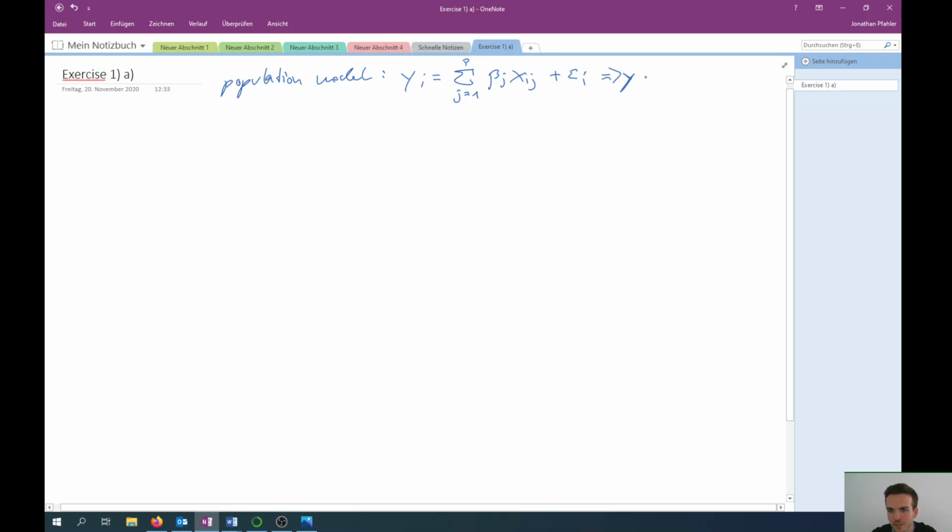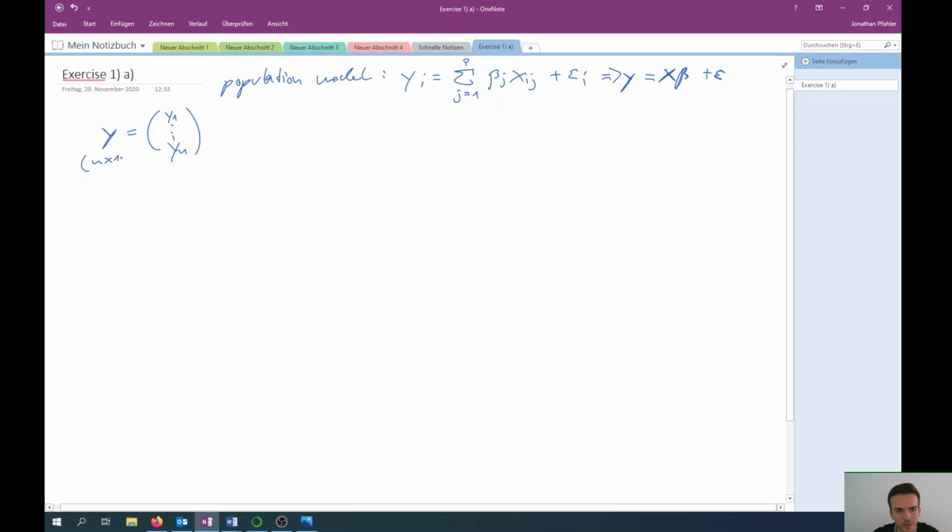So this would be the vector of y's is equal to the matrix of the features times the vector of parameters plus the vector of residuals. So y goes from y1 to yn.